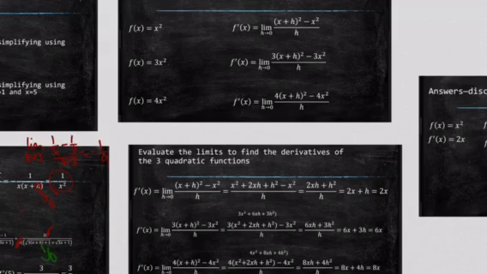So x plus h squared, we have to be careful with. We have to FOIL it. So it ends up being x squared plus xh plus xh plus h squared, which simplifies to x squared plus 2xh plus h squared.